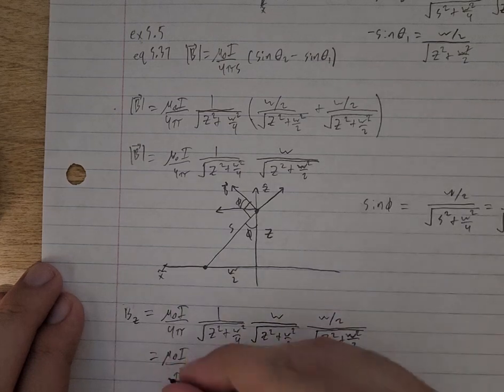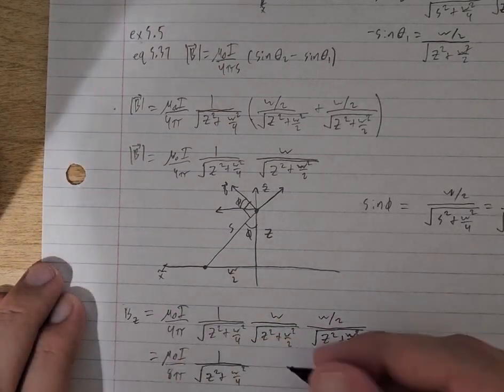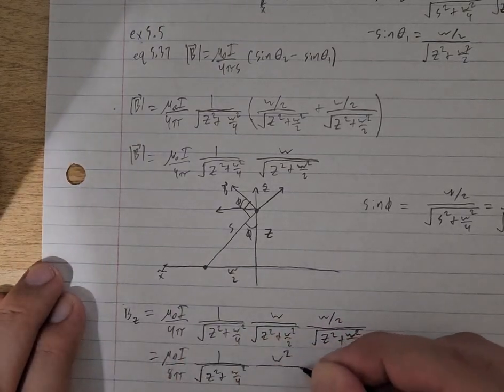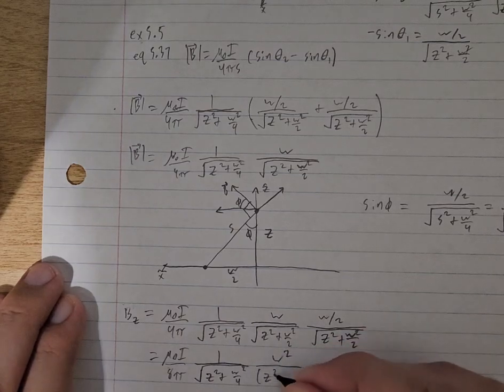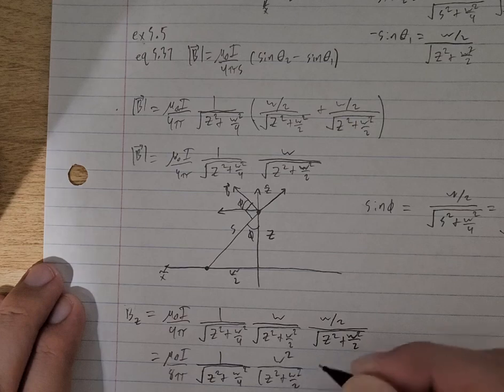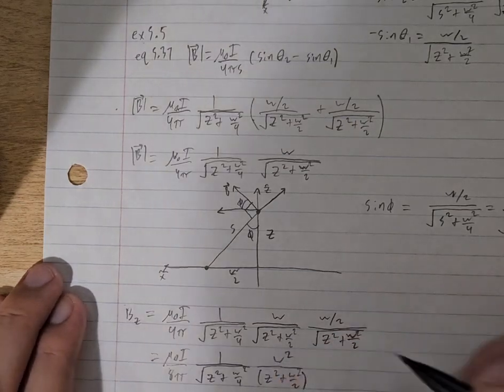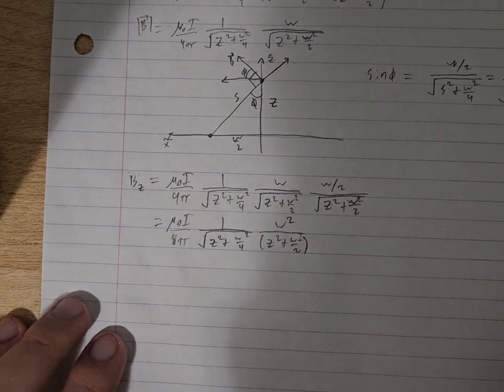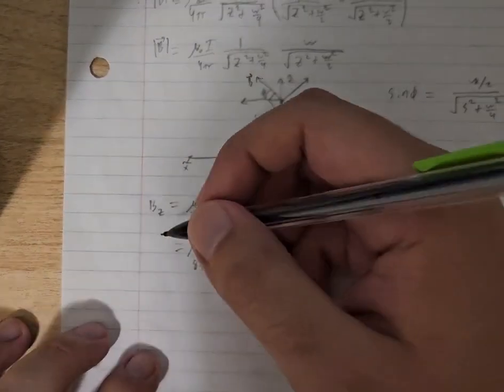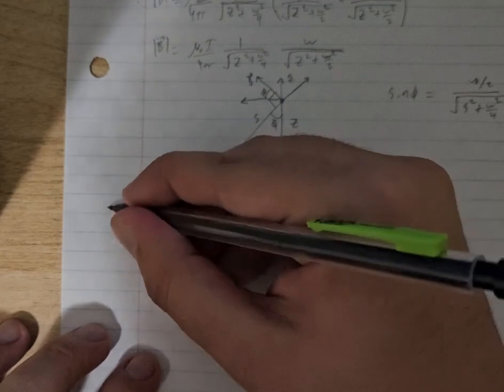This 4 is going to become an 8 because of this w over 2. This is going to be a w squared, and these two are going to multiply together to give z squared plus w squared over 2, no longer in a square root. And finally, we know that this is only one segment.